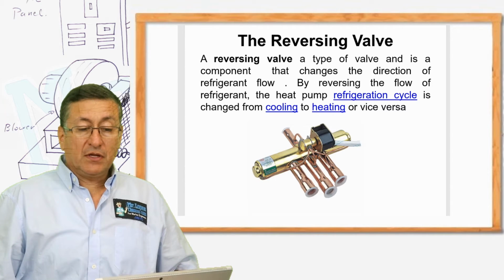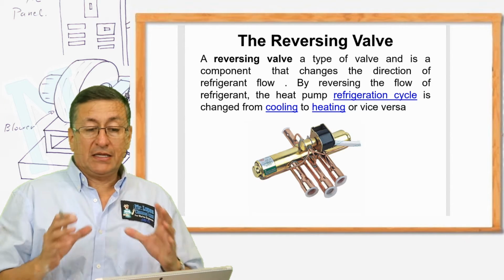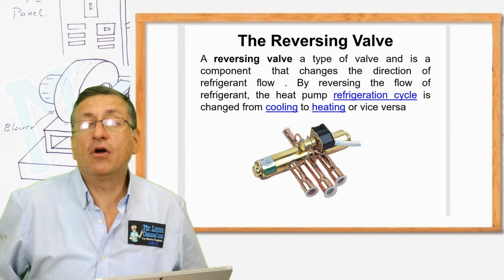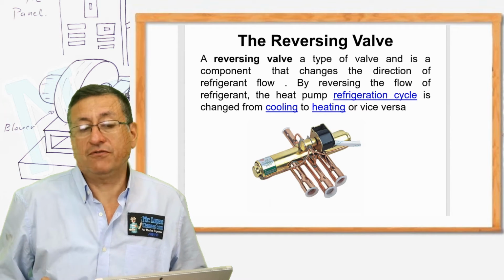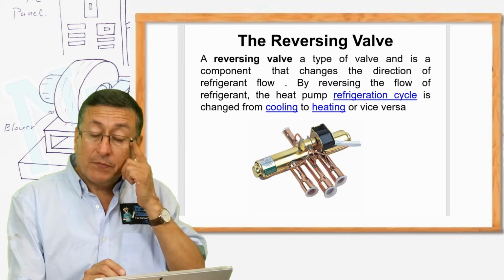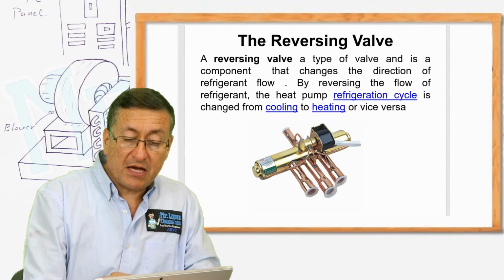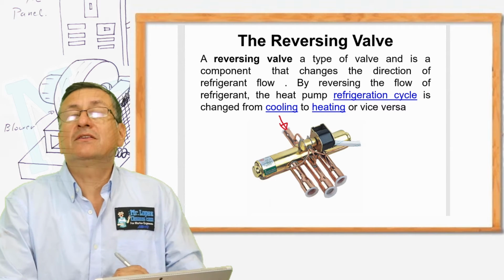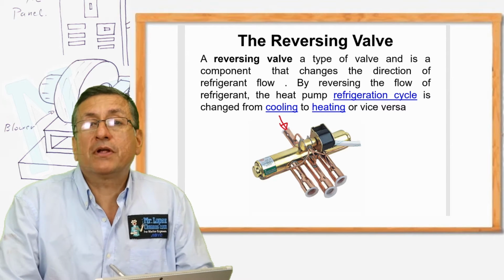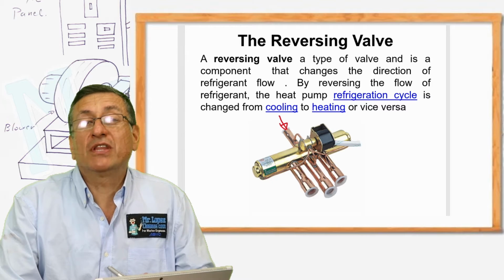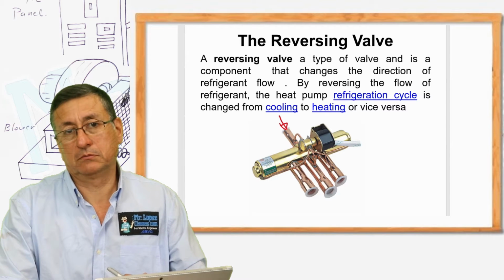The reversing valve is a type of valve that changes the direction of the flow of the refrigerant. This is the function. Normally, in the middle of the valve enters the vapor, high pressure, high temperature, coming from the output of the compressor.